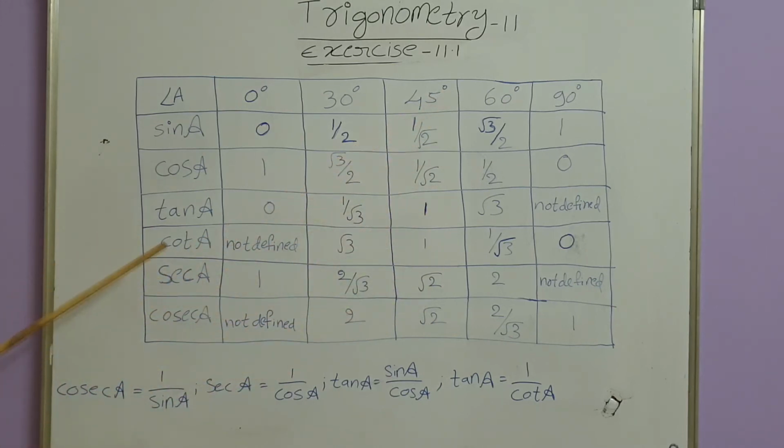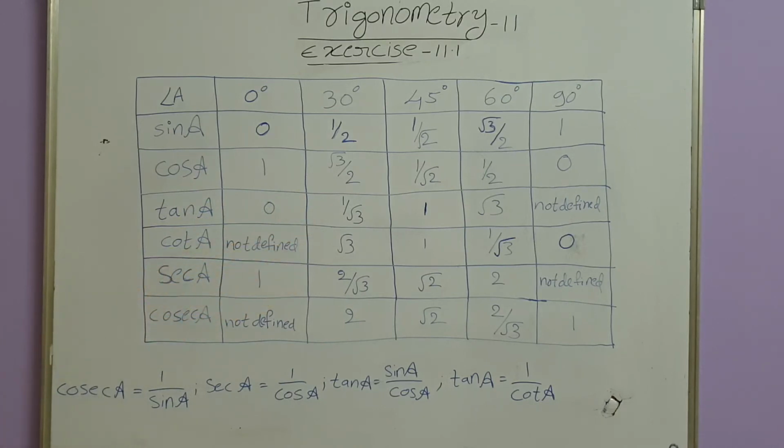Next, cot A. What is cot A? Cos A by sin A. So, cot 0 degrees is equal to 1 by 0, not defined. And cot 30 degrees is root 3 by 2 by 1 by 2. These two denominators are cancelled. We get root 3.